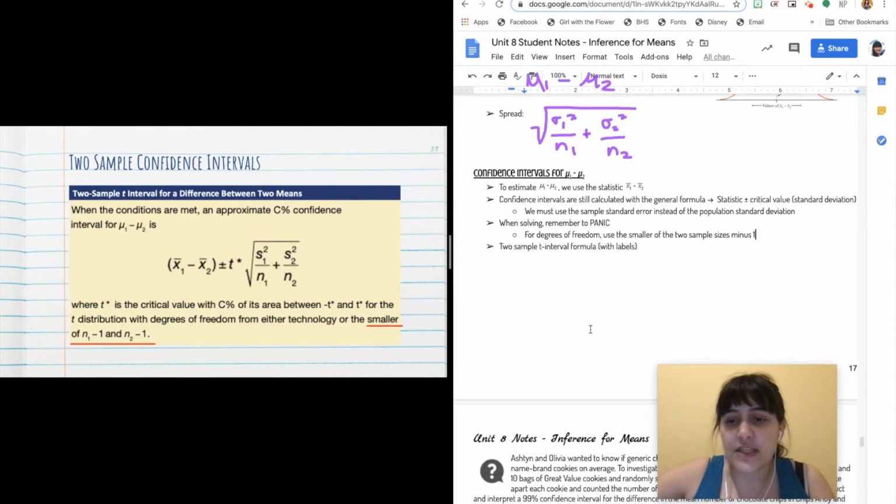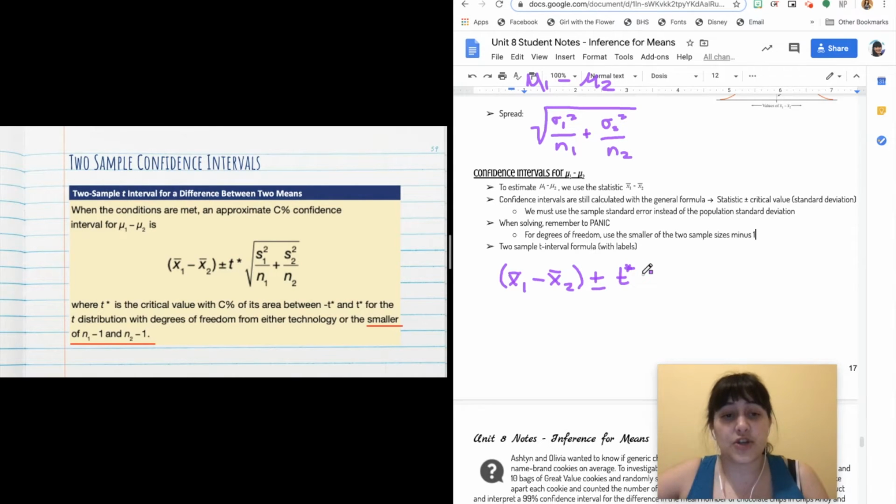Then you have this space down here for the full formula, which I have over there for you on the left, but I am going to write it for you. So here, this is x bar 1 minus x bar 2. That's your statistic. Plus or minus t star, which is your critical value, times my standard deviation.